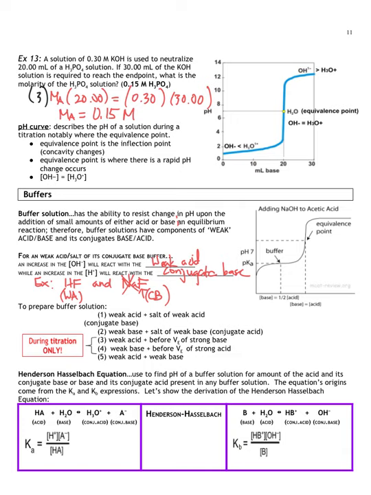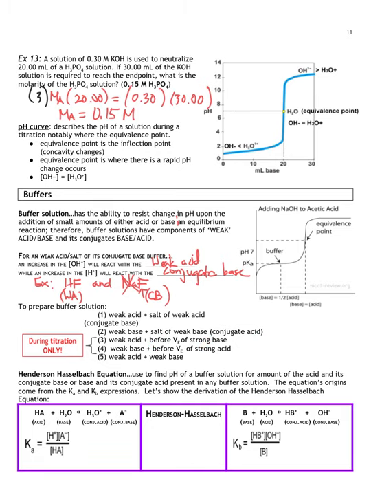So there are several ways to make a buffer solution. There are actually 5. You can simply take the weak acid, which we did here, and add some salt of the weak acid that has the conjugate base. So really it's the conjugate base that you're adding, which is F minus, the conjugate base of the weak acid. You can also add a weak base and the salt of the weak base, which means the conjugate acid.